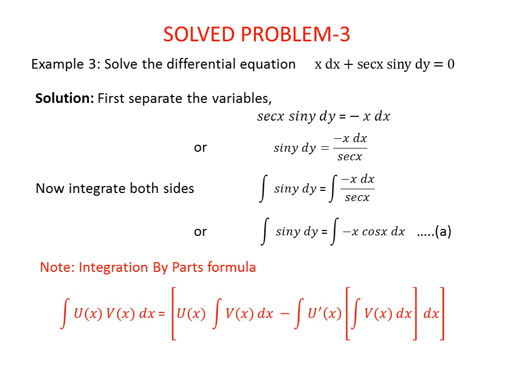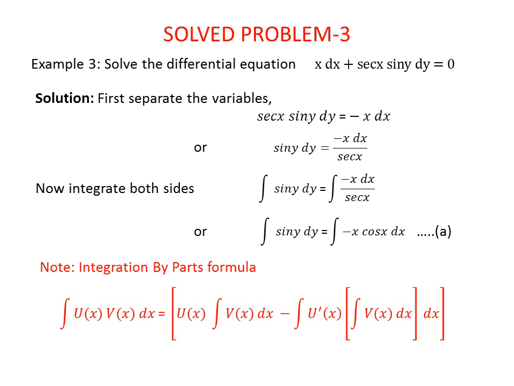What is the first term? The first function written as it is, then multiplied with the integral of the second function. Whatever the second function is, we take the integral of the second function. Minus, then integral sign. We now take the derivative of the first function, u prime x, bracket open, then within the bracket, under the integral sign, there is v x dx.